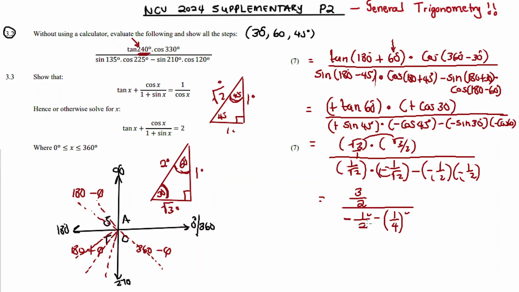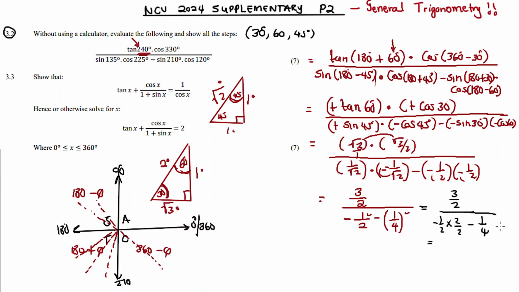How you're gonna solve this, right? But you know what, we're just gonna say 3 over 2 over, then we're gonna solve the denominator now. I don't want to complicate this one, so it's gonna be minus 1 over 2 multiplied by 2 over 2 minus 1 over 4.